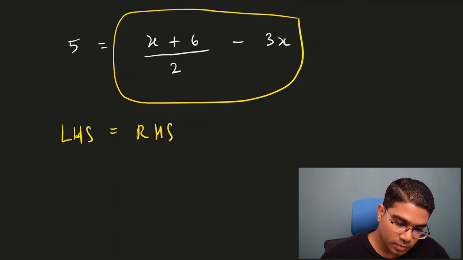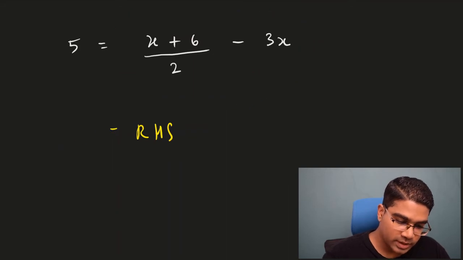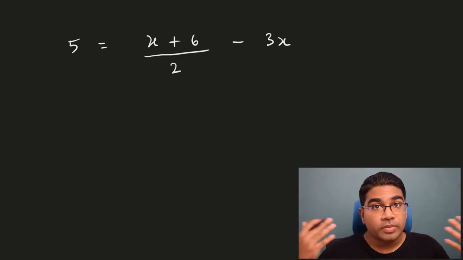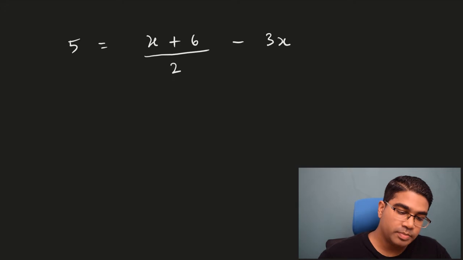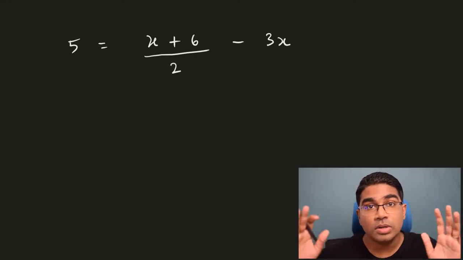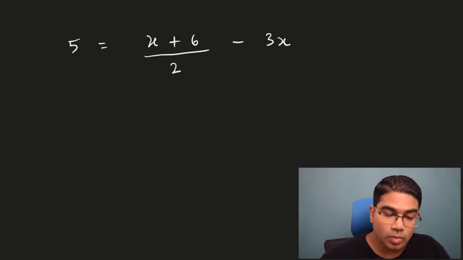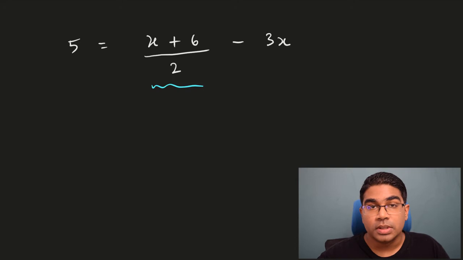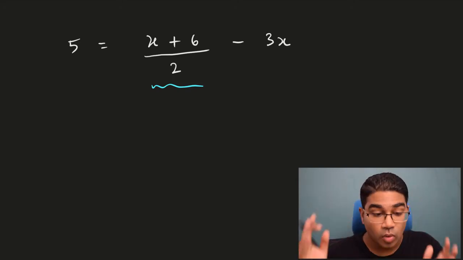So again, our goal here was to eliminate the denominator, which means we need to multiply by 2. So how do we multiply by 2? What do we multiply by 2? Now you can only perform operations to the whole side. You cannot pick one term to perform your operation. For example, we cannot pick x plus 6 over 2 to multiply with 2. That doesn't work, right? So when we do operations, we must multiply the whole side.